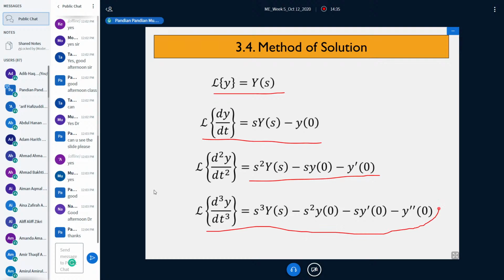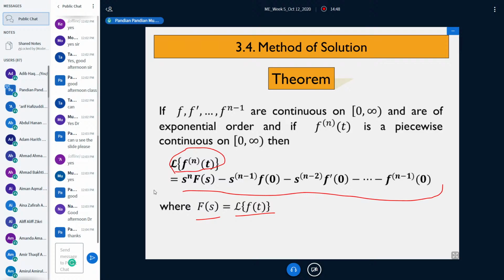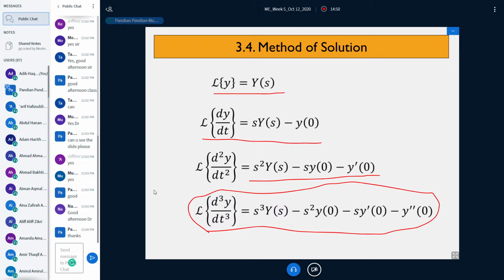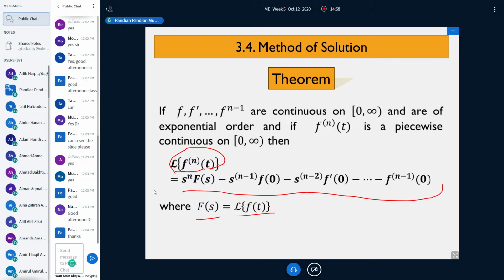Now for this, you see here, this is Laplace of d cube y/dt cube. So you substitute. In this case, n is 3. You go back here. So n is 3. If you go back, f^(3) is d cube y/dt cube.